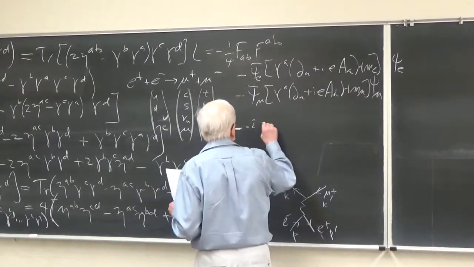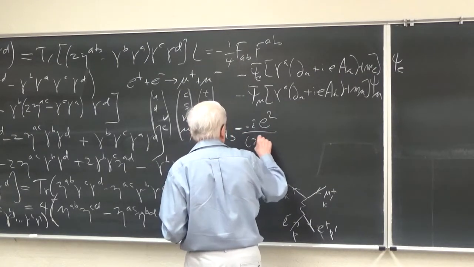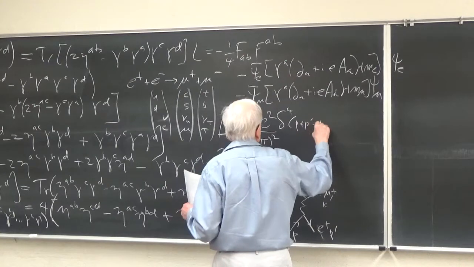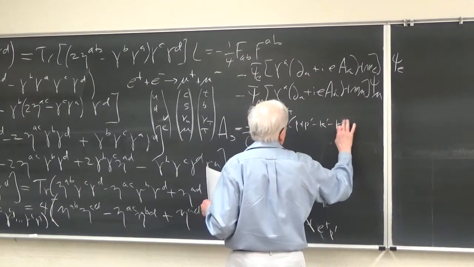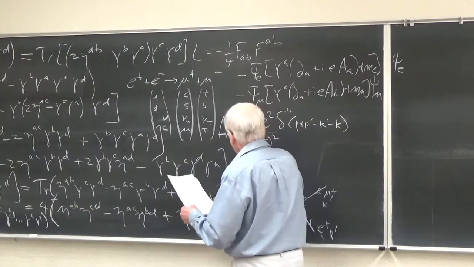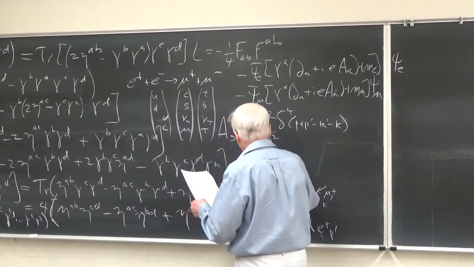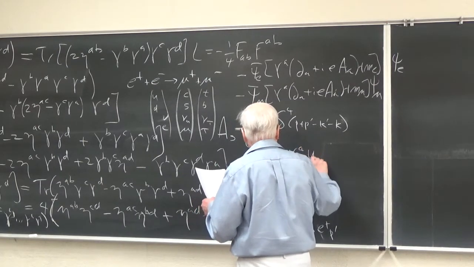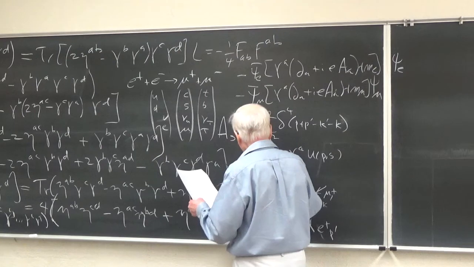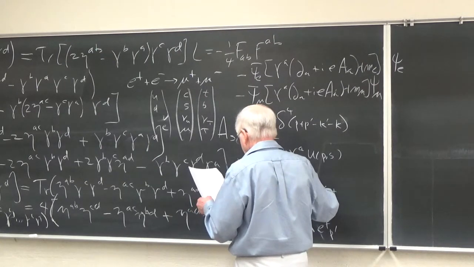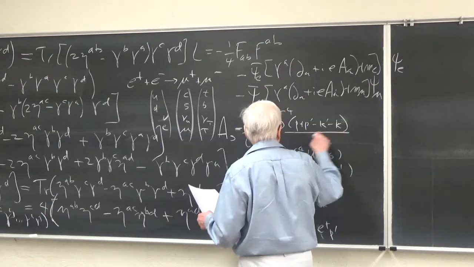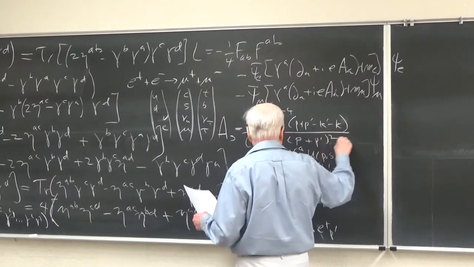And so we can write this down immediately. It's just the direct term for electron-positron scattering, and delta of P plus P prime minus K minus K prime, the incoming minus the outgoing momentum, and then this is times V bar of P prime, S prime, gamma^A, U of P and S, and U bar of K and T, gamma_A, V of K prime, T prime, and we divide by s, which is (P plus P prime) squared.